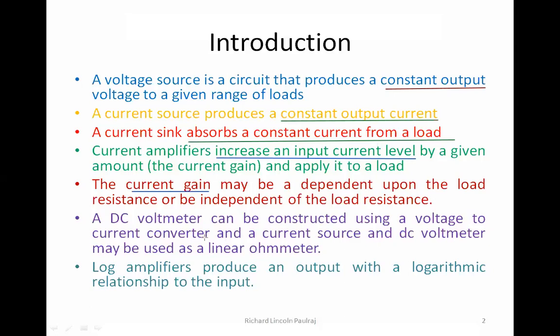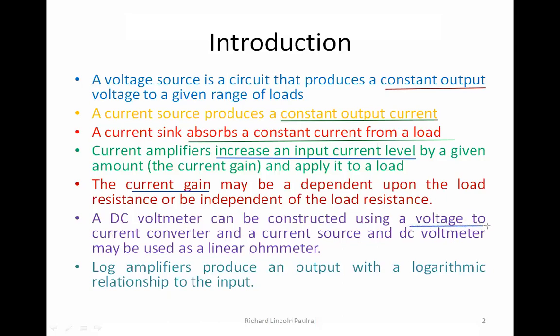So we can also measure the resistance values. So basically understand that the DC voltmeter can be constructed using a voltage to current converter. So this is important here.